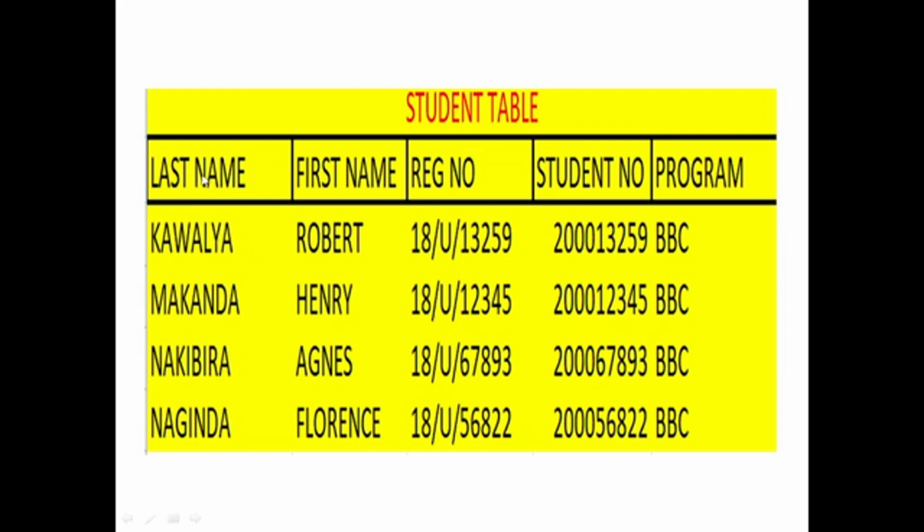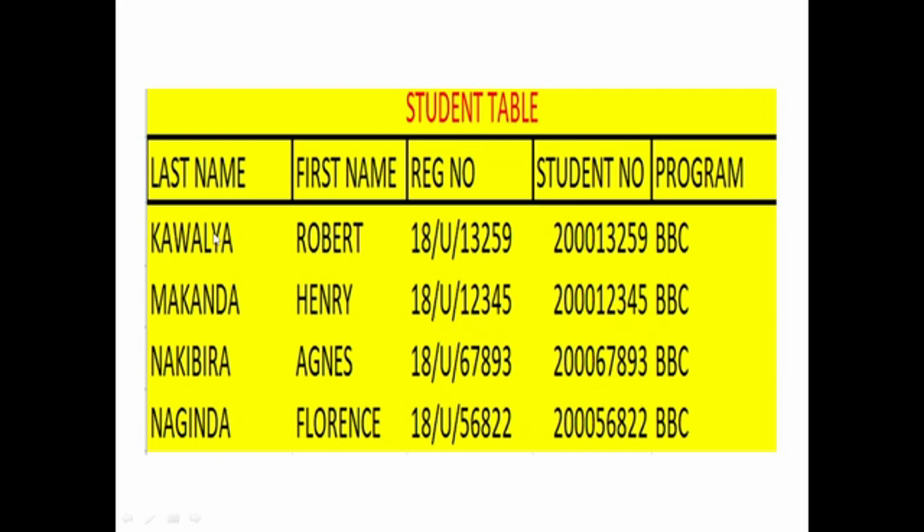In this column of last name, we have a field of Kawalya. So it qualifies to be a string, a string word. So it takes a data type of varchar or varchar2.